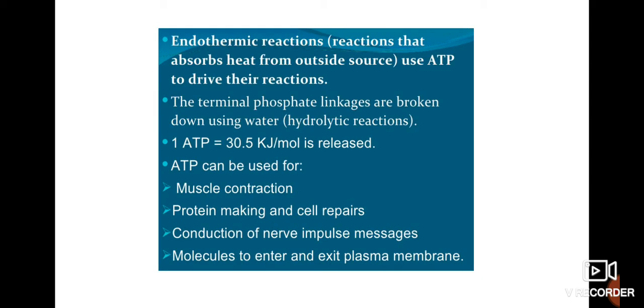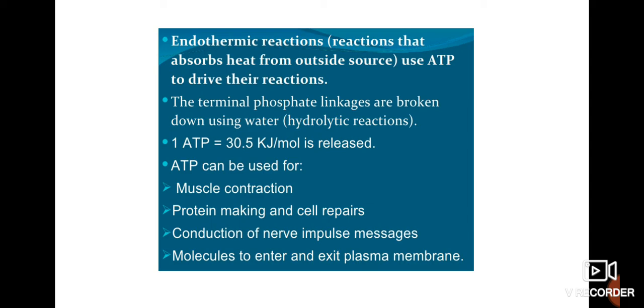Now, ATP will undergo different types of endothermic reactions. Endothermic reactions means those reactions that will absorb heat. As it absorbs the heat, energy is required for absorption also, and that energy is given by ATP.